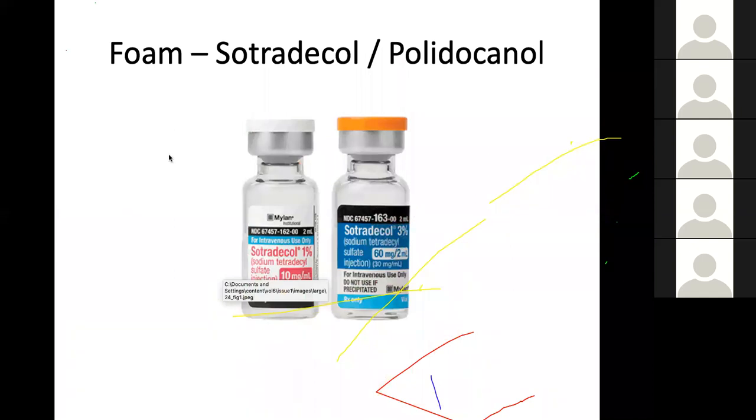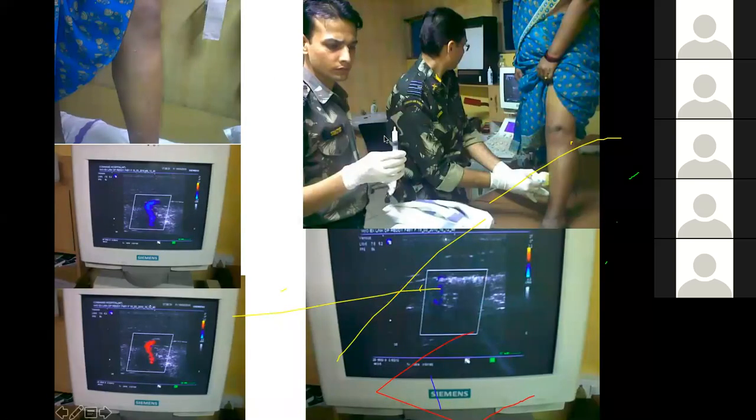Okay. Something else that you could be shown is a vial of sotradecol or a polidocanol. This is a sclerosing agent. We create a foam of this with almost equal parts of air and this liquid. We agitate them through 2 syringes connected with a 3-way, and this is how we generate foam.